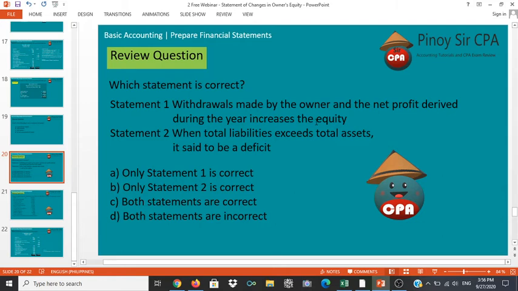Kanino contra? Sa equity. Therefore, it is called a contra equity account, yung withdrawal. Kaya, bawas ang effect niyan sa equity. Net profit, of course, it will increase the equity, but not both. Okay? So, false yan. Statement 2, when total liabilities exceeds total asset. So, yung liability, mas mataas sa total asset, meaning, lugi na. Negative equity, or what we call deficit. Okay? So, tama to.